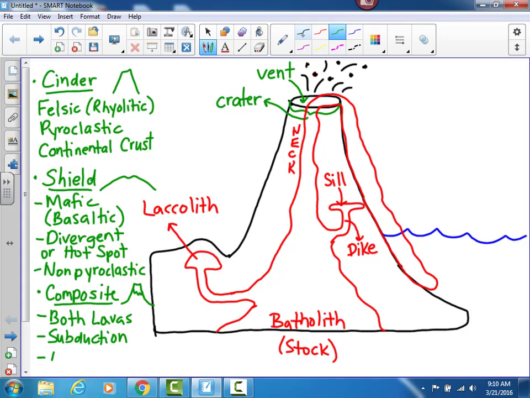And having both kinds of crust means you get both kinds of eruptions. Sometimes it will be pyroclastic, sometimes it will be non-pyroclastic. It just depends on what kind of rock's being melted at that time.